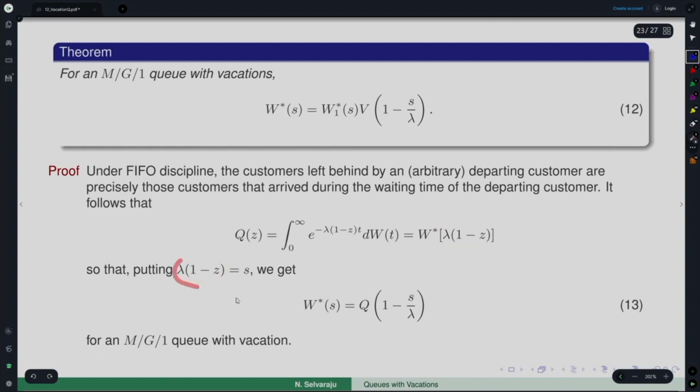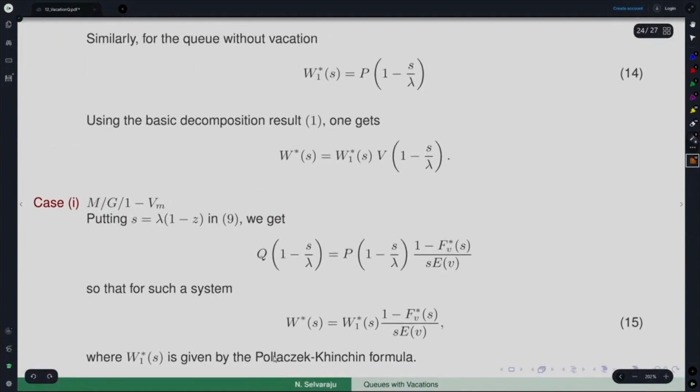So, putting lambda times 1 minus Z as S, what you get is W star of S as Q of 1 minus S by lambda for the M/G/1 queue with vacation, and similarly for the queue without vacation you can obtain W1 star in terms of P of Z. So Z you replace by 1 minus S by lambda.